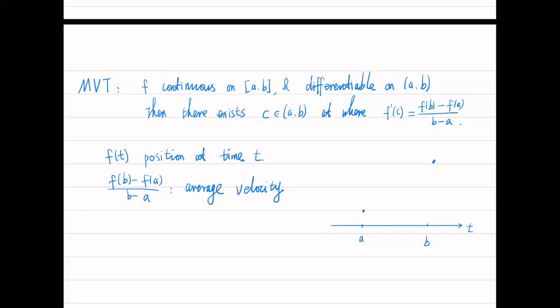I don't know what happened in between. We may go faster, then slower. That's possible. Now if I consider this quotient, the difference over the time, this will be the slope, that's the mean velocity. Let me draw a line.